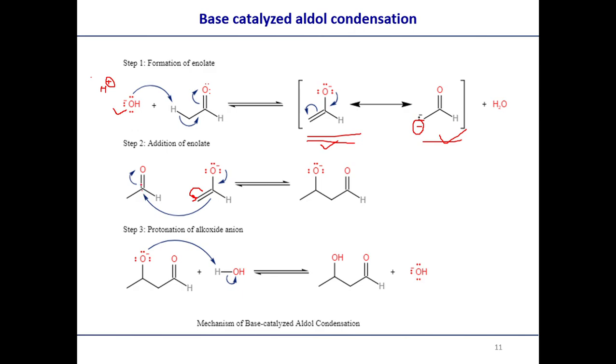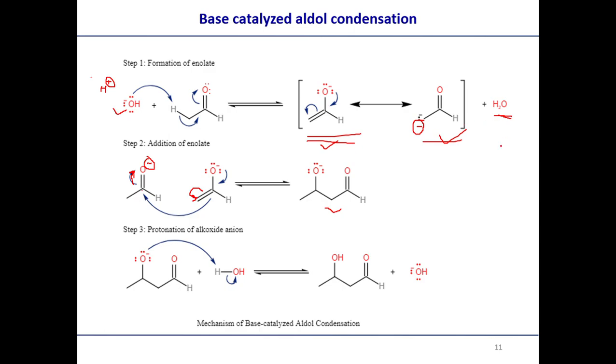Then you have to show the correct arrow pushing, then bond breaking will take place and negative charge will generate on oxygen atom. You can see here, correct? This is the correct structure after the arrow pushing. Then after this, protonation of the alkoxide ion will take place. As you can see here, initially we have OH minus, it abstracted the proton and became H2O, correct? That means we initially started with negative charge, but here we have H2O.